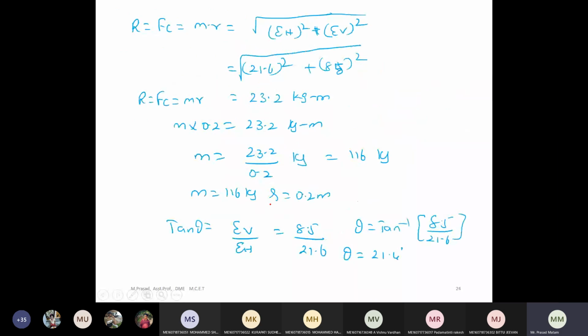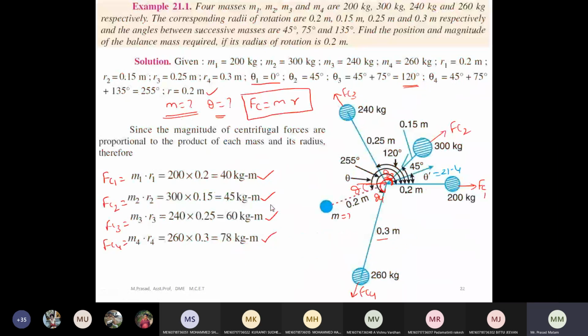Let me take these values also. M1 200, 300, 240, 260.